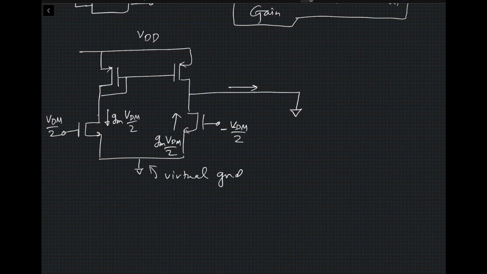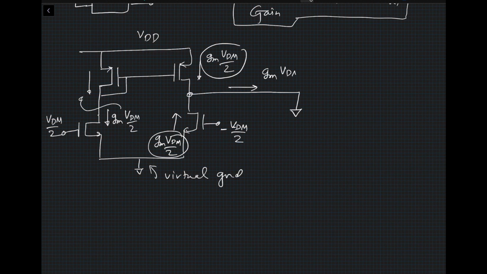This top piece looks like a current mirror, so the same current flows here, and that has to be mirrored on the other side. So you would see GM times VDM divided by 2. If you look at this node, these two currents add in phase, so you will get GM VDM. That would be the current that you're going to get.